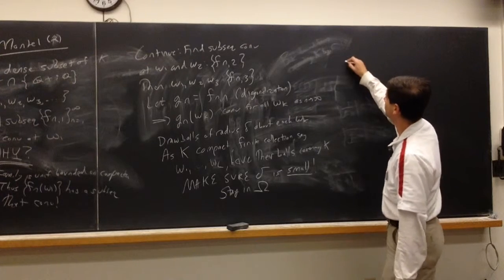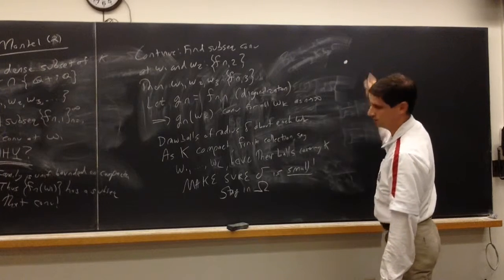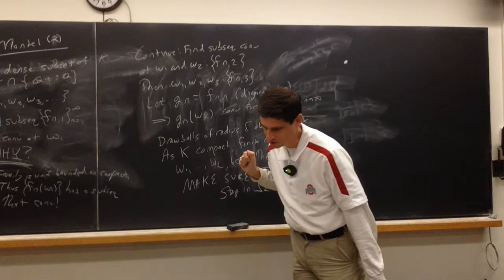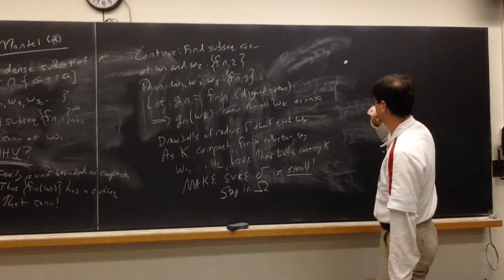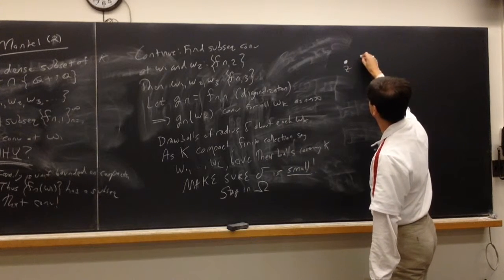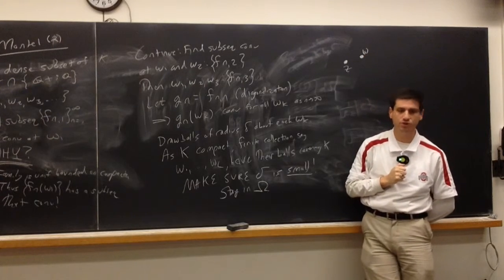So now what we can do is say, I want to use the same notation. We're going to use, I think, the points. Oh, I didn't even bother doing it. All right. So here's our point Z, and here's our point W. We want them to be very close to each other.